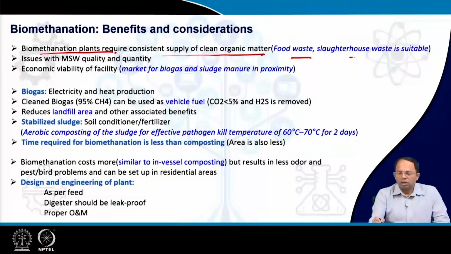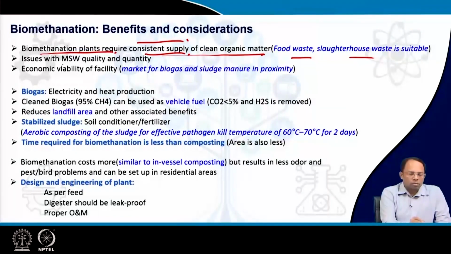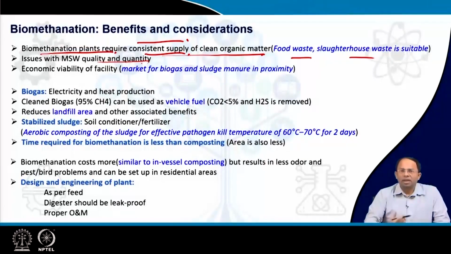So food waste and slaughterhouse waste are suitable of course, but if we don't have a consistent supply, then there is a problem. So when we are setting up a plant, we should make sure that there is a consistent supply of the waste. There are always quality and quantity issues. Is adequate quantity available?